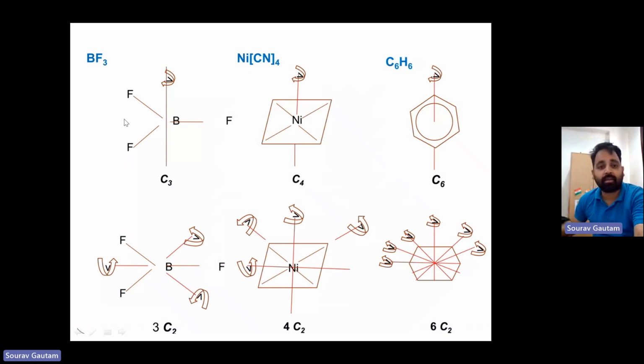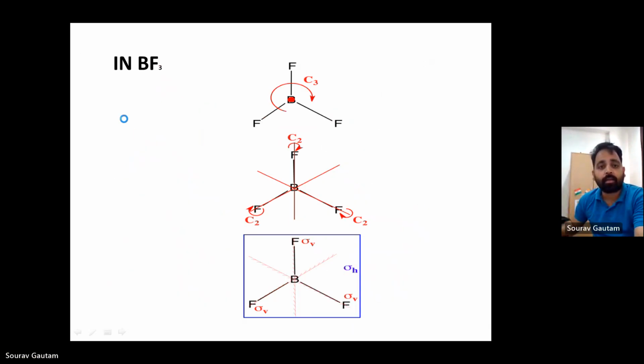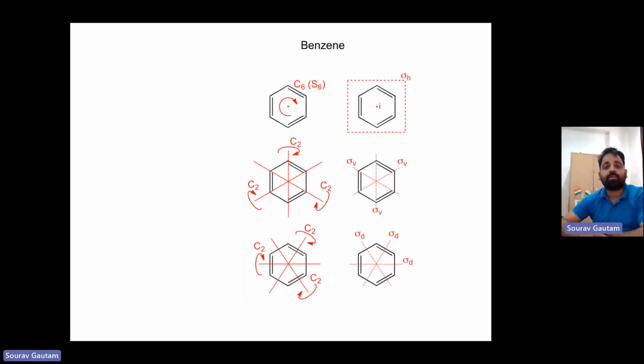And in benzene, there is a 6-fold axis of symmetry, the same as we saw for cyclopentadienyl's 5-fold axis. In benzene, there is a principal axis, that is C6.